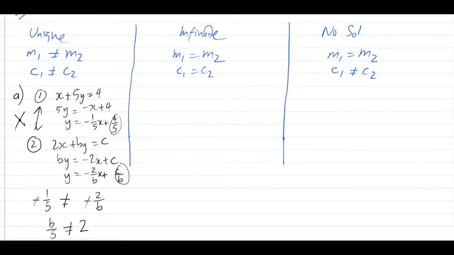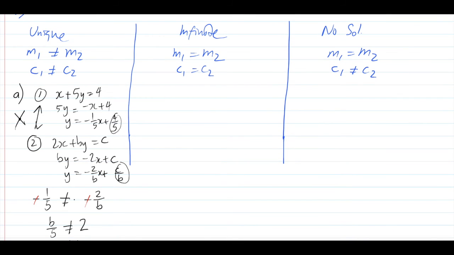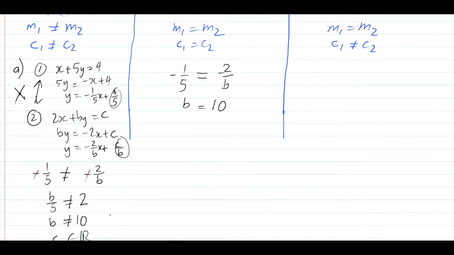All I needed to do is use this gradient, negative 1 over 5, and the other gradient, negative 2 over b, but instead of making them not equal to each other, we make them equal to each other. So you get this equation right here, and all you need to do is solve for b again, and in this case, b is equal to 10. Okay, that's pretty much it. We solved that already down here.